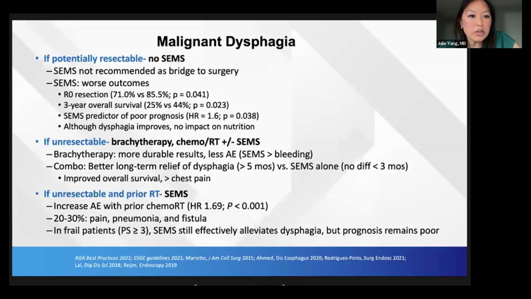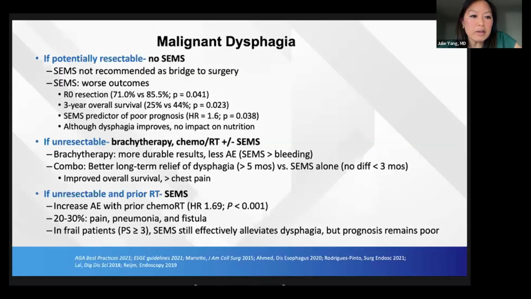And then it gets even easier if they're unresectable and they've had prior radiation therapy. So essentially, you're really running out of your options. They're not going to irradiate again and again, potentially, depending on what their performance status is. But for malignant dysphagia in this sort of grim setting, SEMS is the way to go.